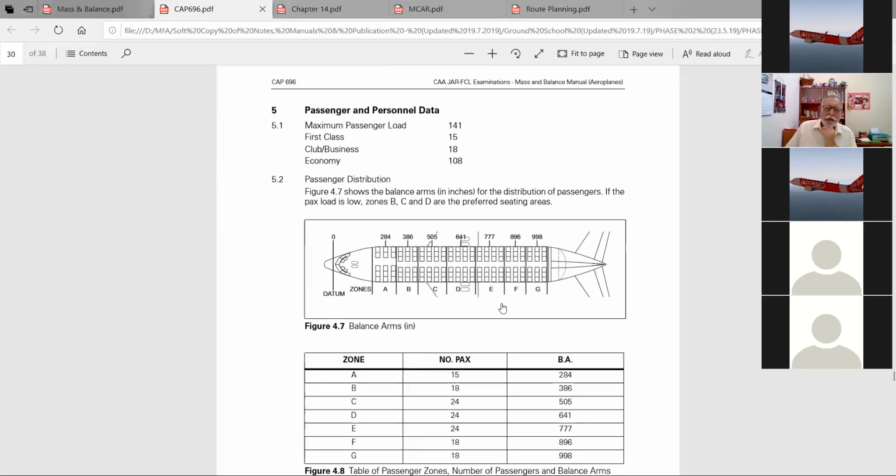Now have a look at figure 4.7. These are the different zones that the aircraft is divided into: Alpha, Bravo, Charlie, Delta, Echo, Foxtrot, Golf, and the passenger capacity. You also must have studied in your pressurization system that pressurization from the manifold is taken to different zones.